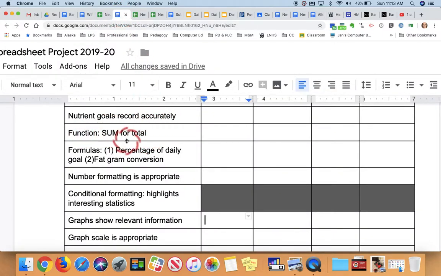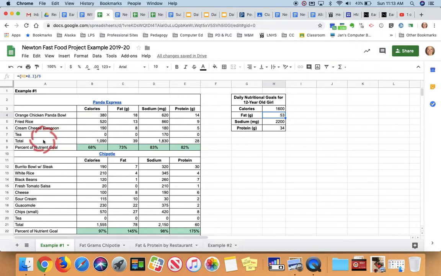Okay, function sum for your total. So over here on your spreadsheet, your totals for each restaurant, I'm going to check to make sure that you use the sum function, equal sign sum, and then the range of what you're adding up for each nutrient. On mine, the range is B4 through B7 for my first restaurant.